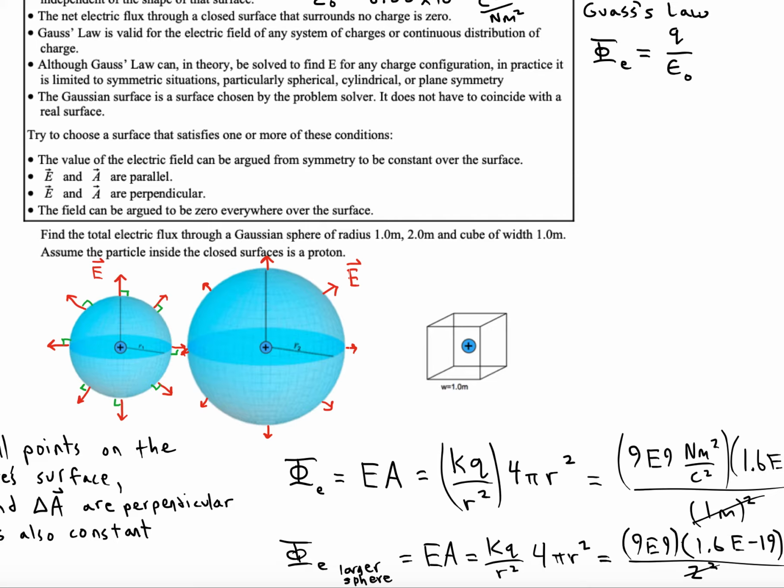Gauss's law is one of 4 fundamental equations which explain all of electromagnetism. Let's try calculating the electric flux this way. Our charge enclosed is 1.6 times 10 to the minus 19 coulombs. That's the charge of a proton.